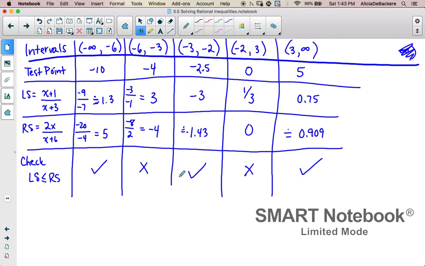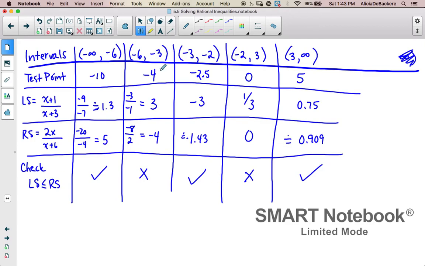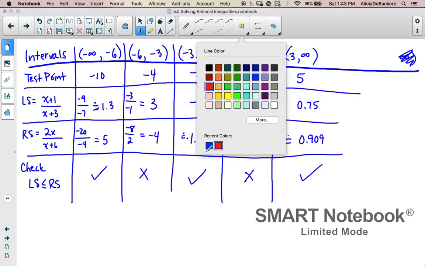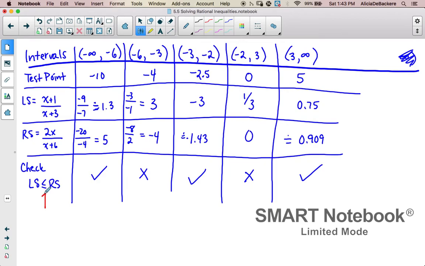Now, what I need to be aware of is the fact that I was looking for less than or equal to. So whenever I see less than or equal to or greater than or equal to, you need to use square brackets on your solutions.